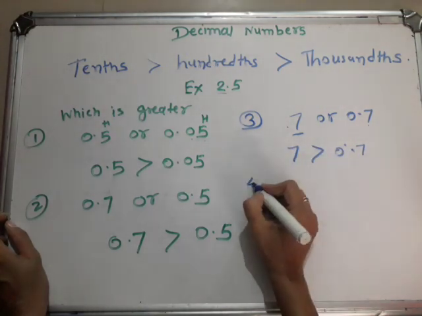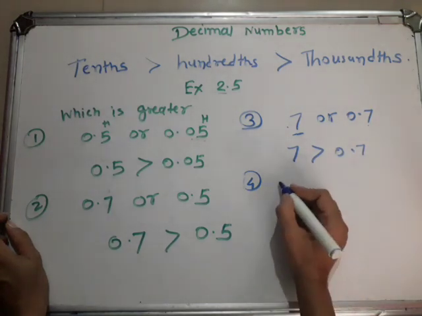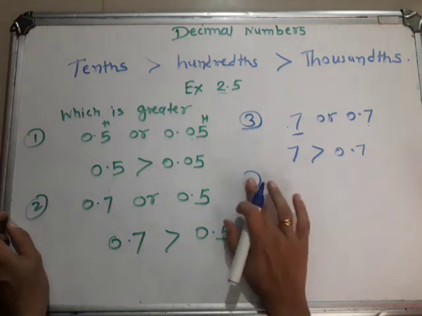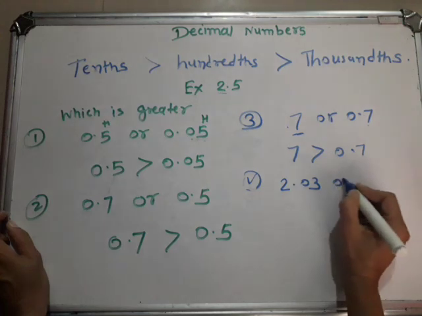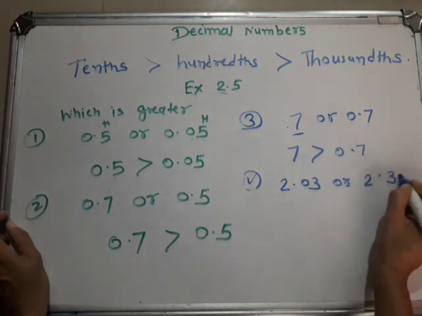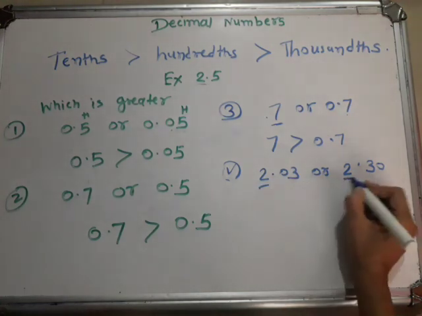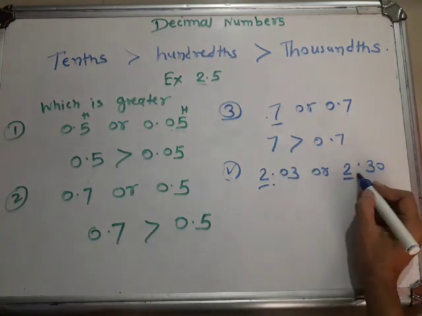So 7 is greater than 0.7. Then next, suppose we take a number. We take the number 5. Okay, the 5th number is 2.03 or 2.30. So both are decimal numbers. So here the 2 at the ones place is the same. Then here is the decimal point.